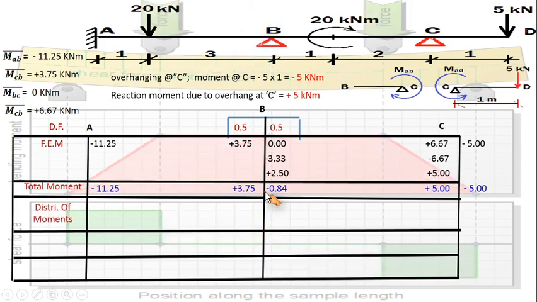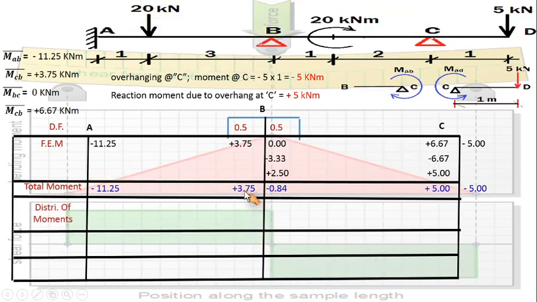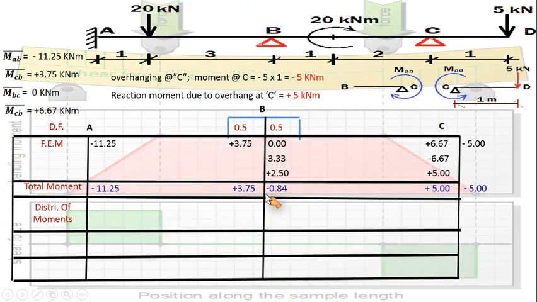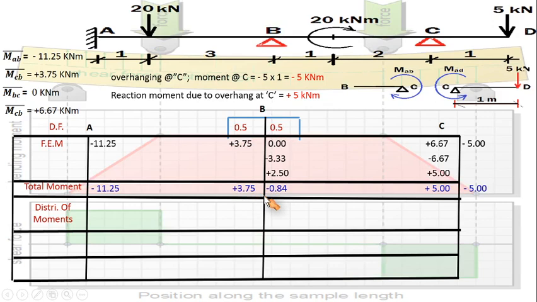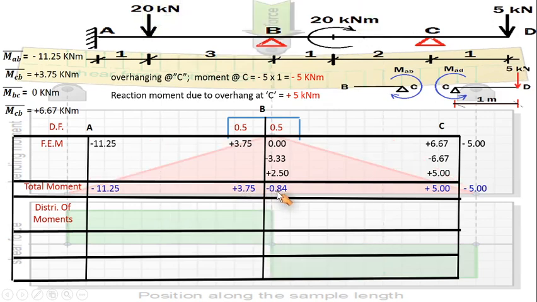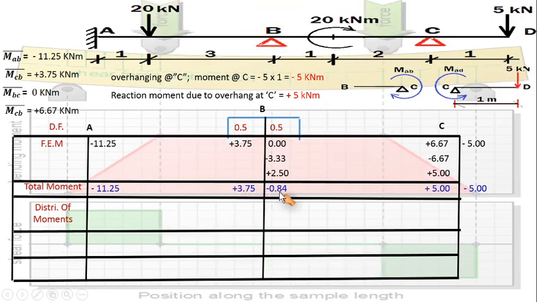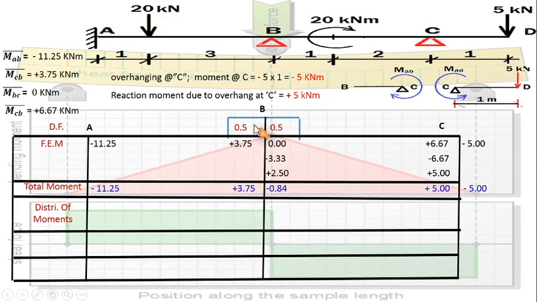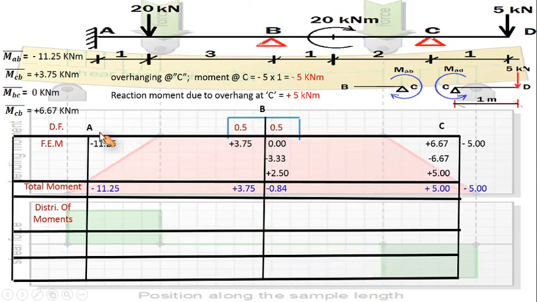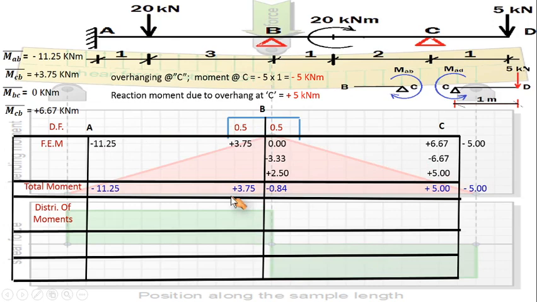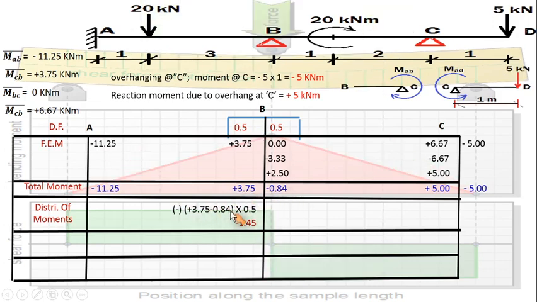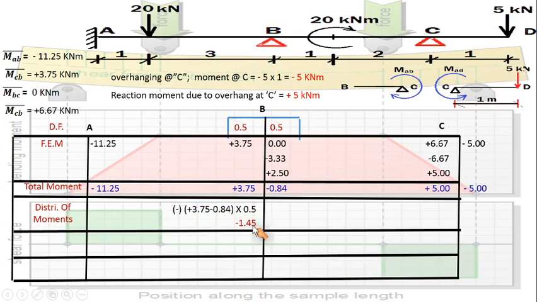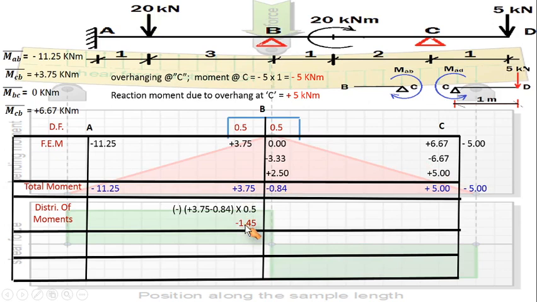So distribution of moment takes this way: the algebraic summation of these two, plus 3.75 minus 0.84, multiplied by the negative of the distribution factor for that part of the beam. Is it okay? So here is the answer for this, that is plus 3.75 minus 0.84 into the negative of the distribution factor, that comes out to be equal to minus 1.45.